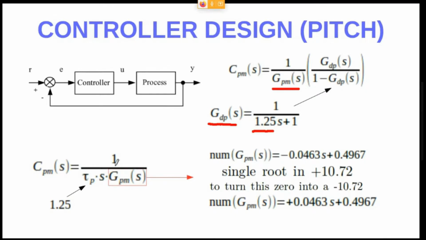Here, by the formula, it appears the inverse of this open loop transfer function, GPM, right, as you can see here. And the numerator of the identified transfer function has also a single root being a positive number. So we change again this sign in here, and now it will result in a controller that will be stable.